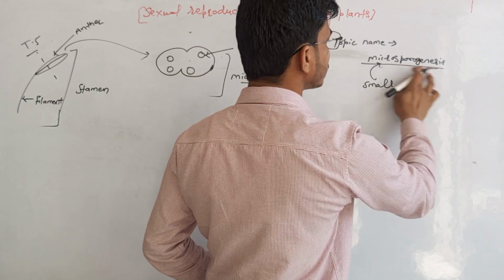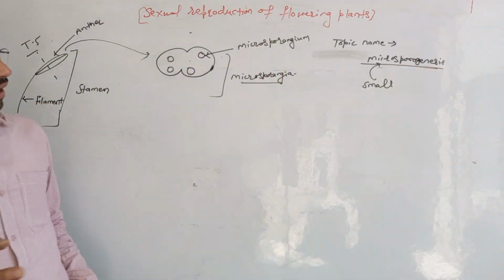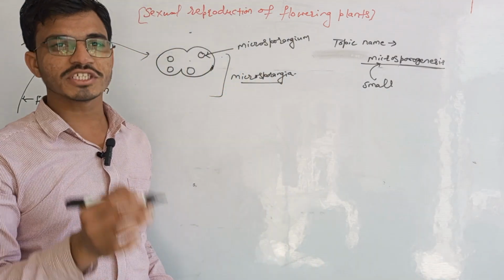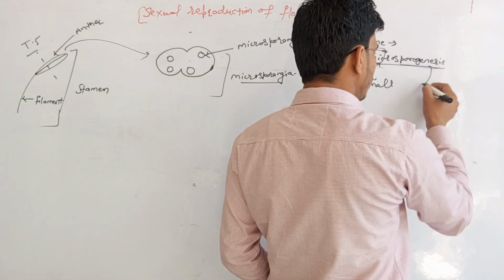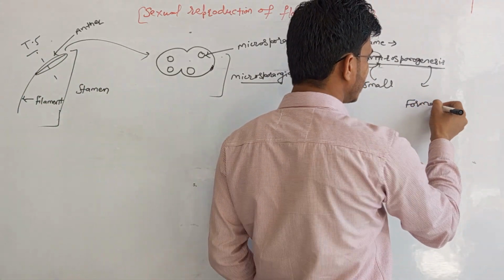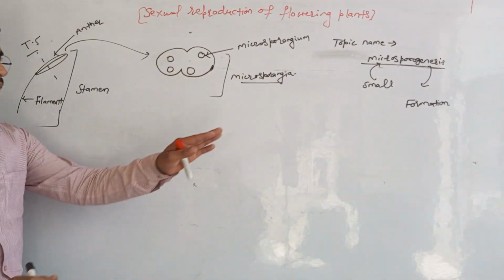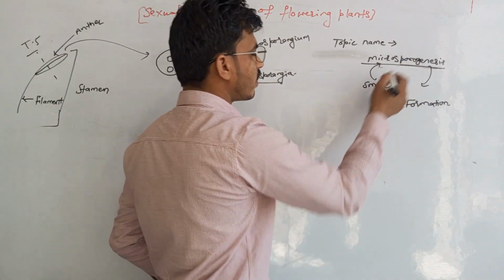Genesis means formation of something new. In microsporogenesis, it is the formation of microspores.